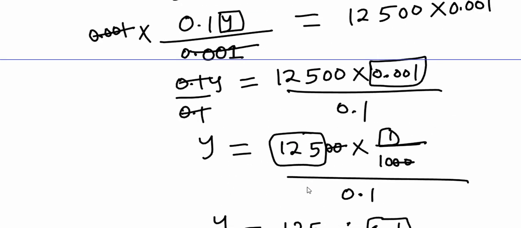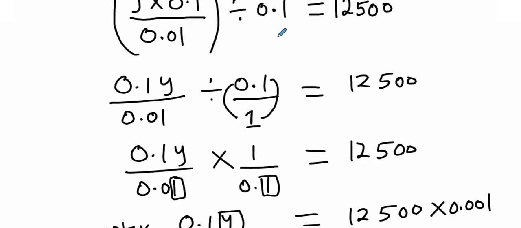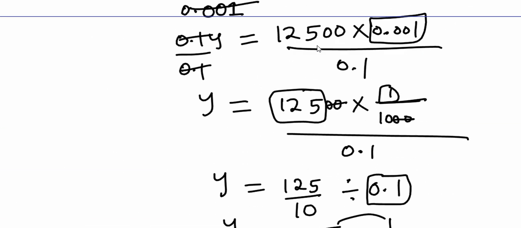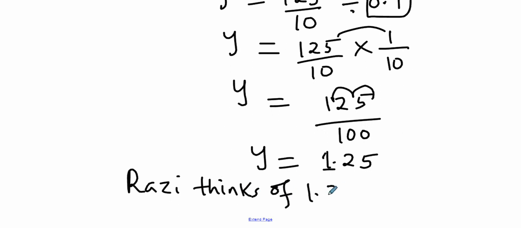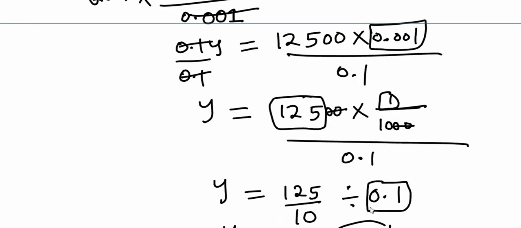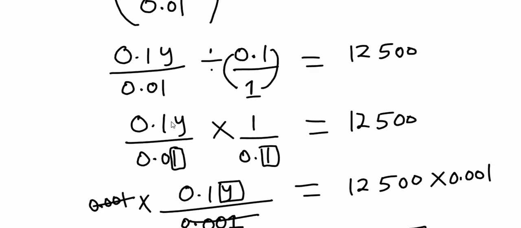So the question is, what number does Razi think of? Razi thinks of 1.25.